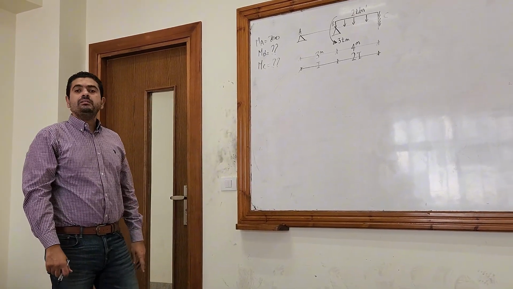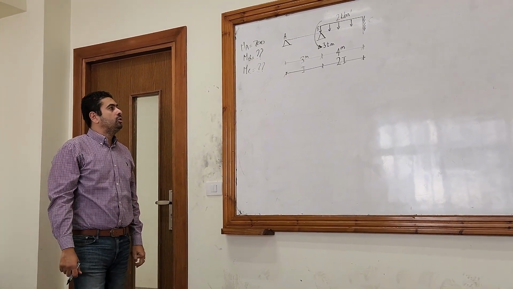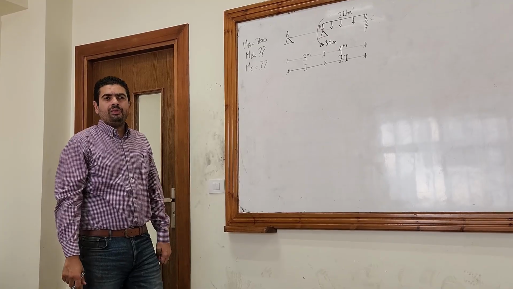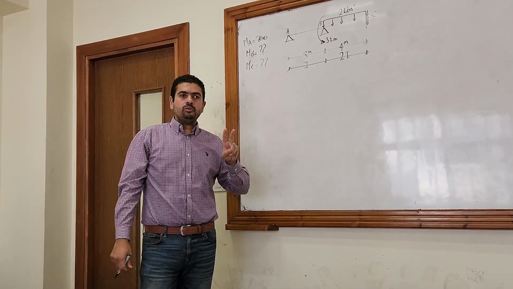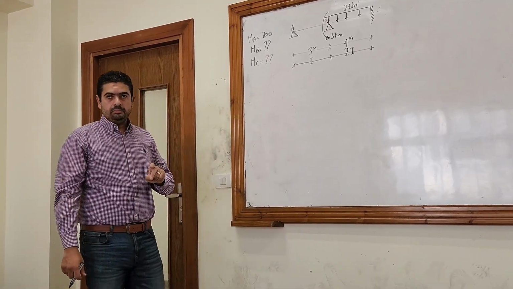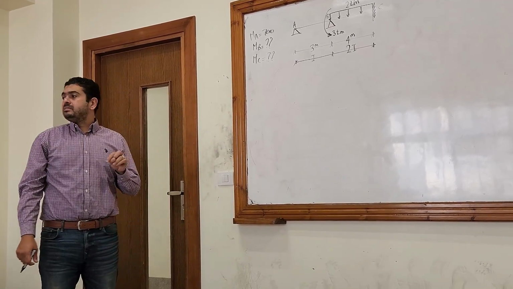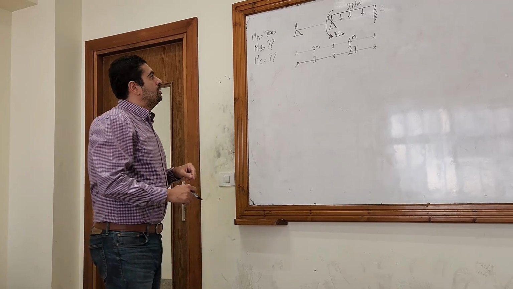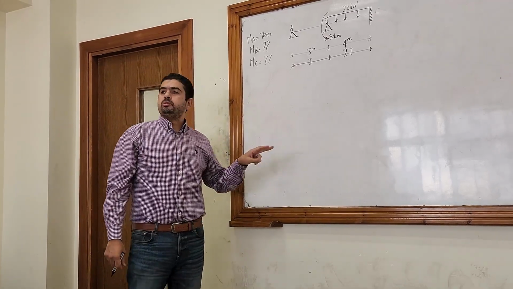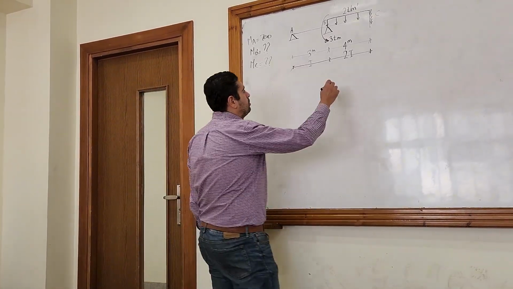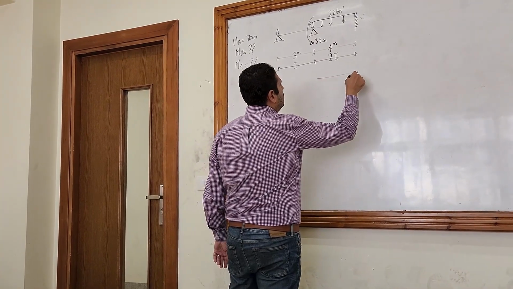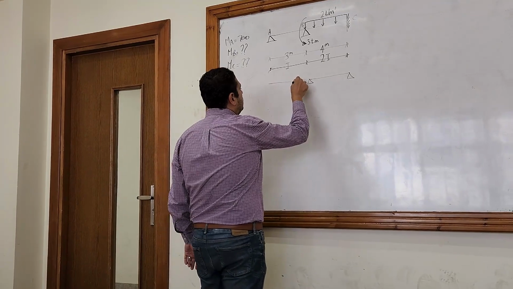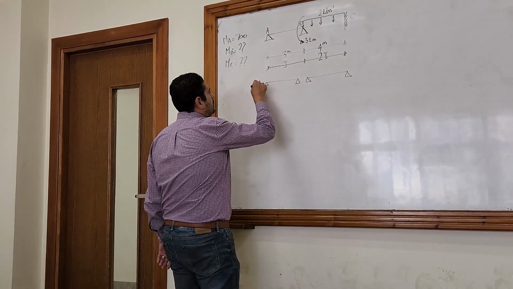Okay, what's the second step? So I know now that I have two unknowns, so I think I have to think about two equations, okay? What is the second step? Split each span. I have only two spans here. So split each span as a simple beam, AB and BC.